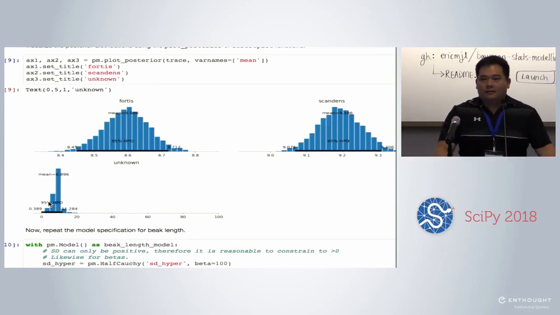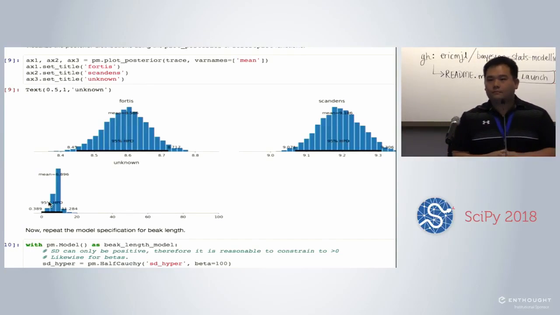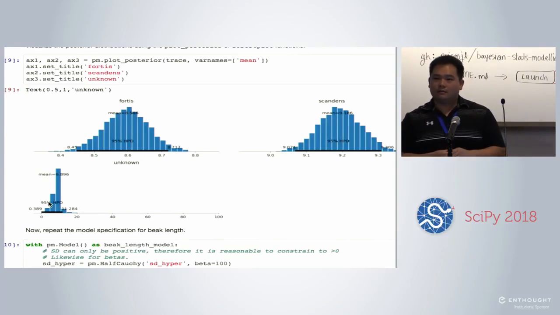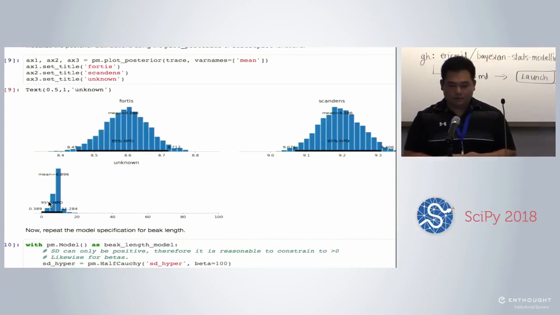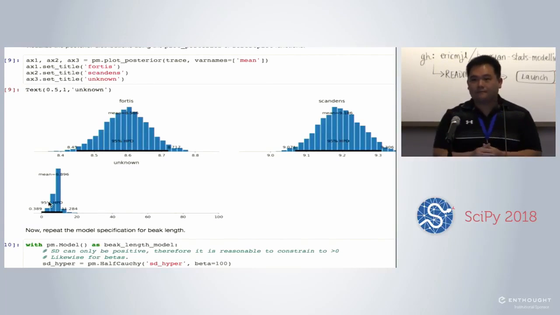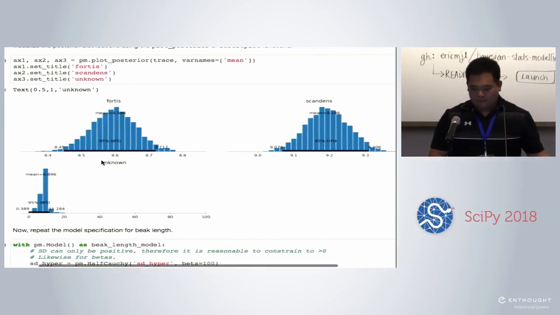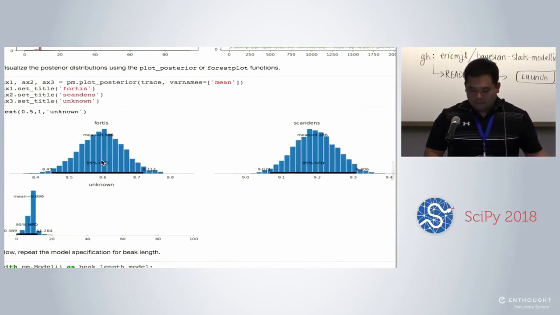So from maybe a very simple point of view, in this case, since we don't have a lot of data for this third unknown, the thing we're probably interested in are the two systems that we already know about, Fortis and Scandens. So if we compare, did those two change with this more complicated model? Did we gain anything from the hierarchical model for those systems?